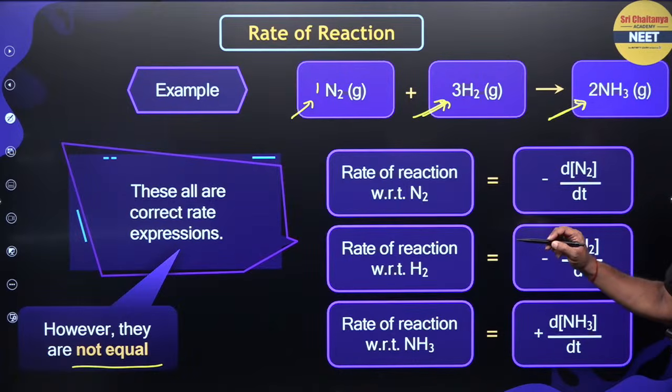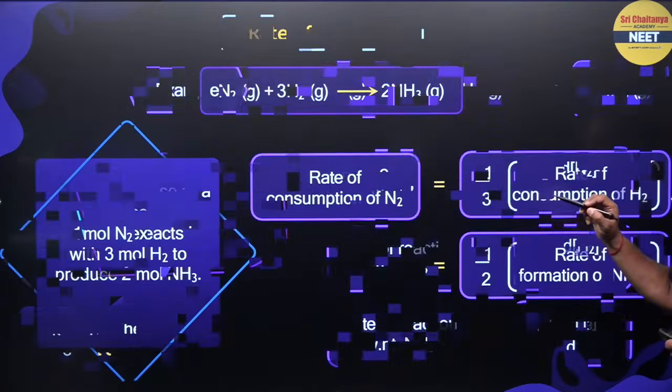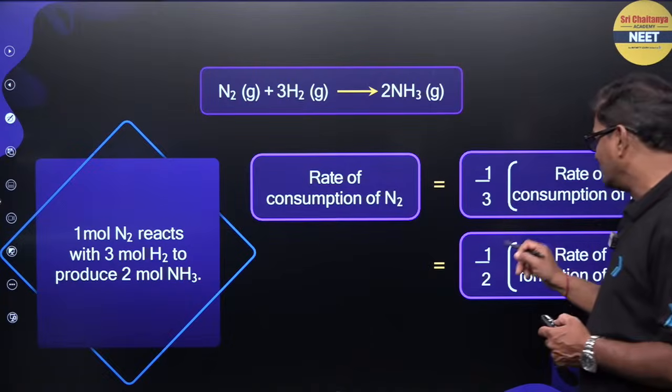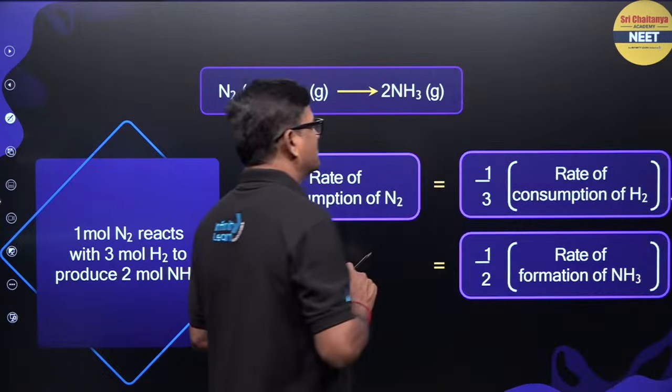So what I want to do here is take the rate of consumption of nitrogen as equal to 1 by 3 of the rate of consumption of hydrogen, and it is going to be 1 by 2 the rate of formation of NH3.